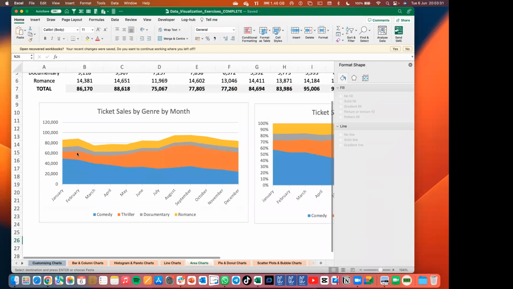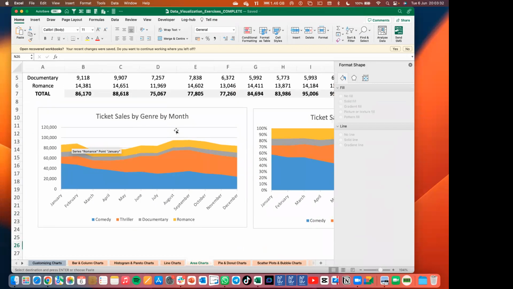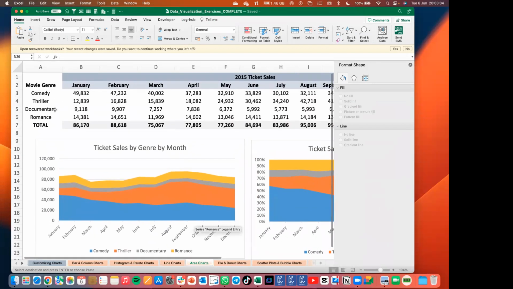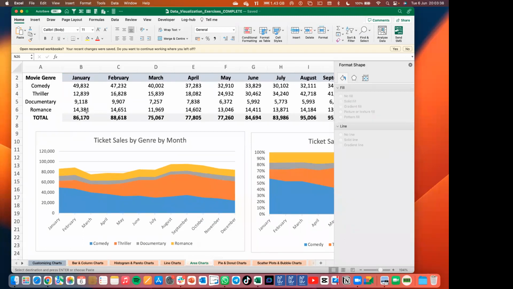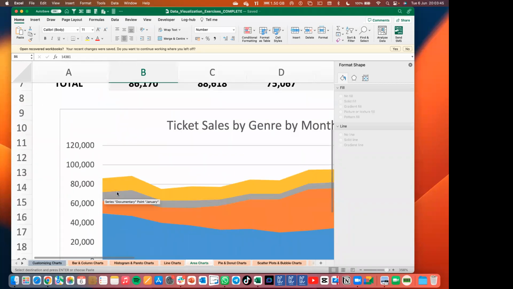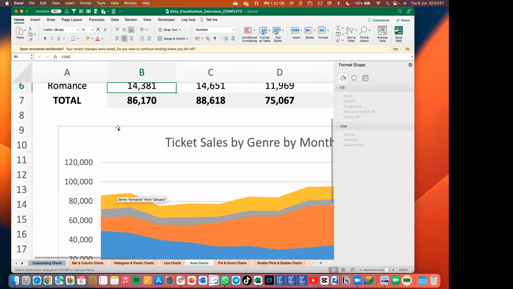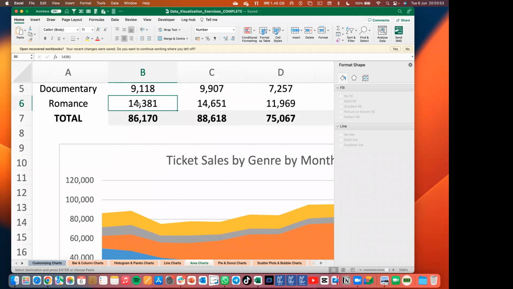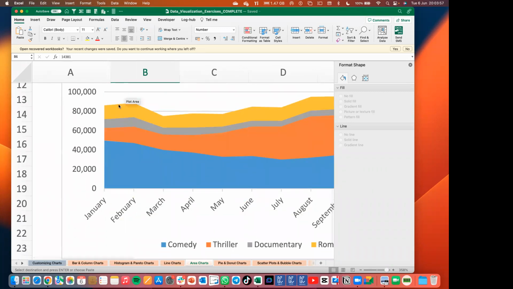So when you look at romance, the movie's romance, it is cumulative. It means that between gray, the line you're seeing gray here, where it ends, and where yellow ends, between there, that's the value for romance, 14,381. It doesn't mean that romance is peaking from here up to the bottom.